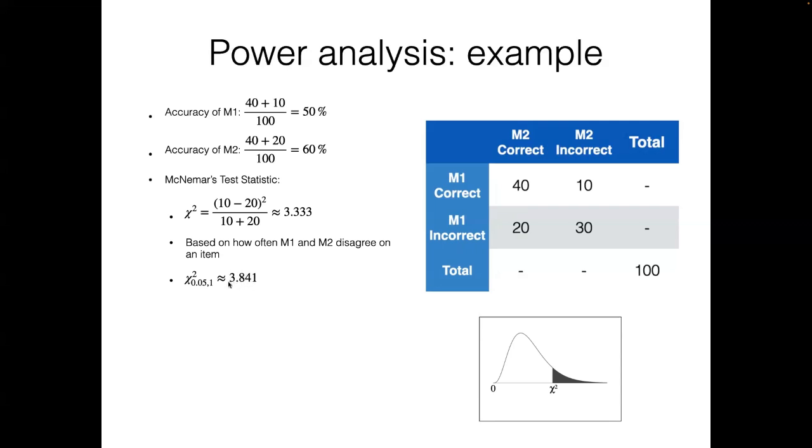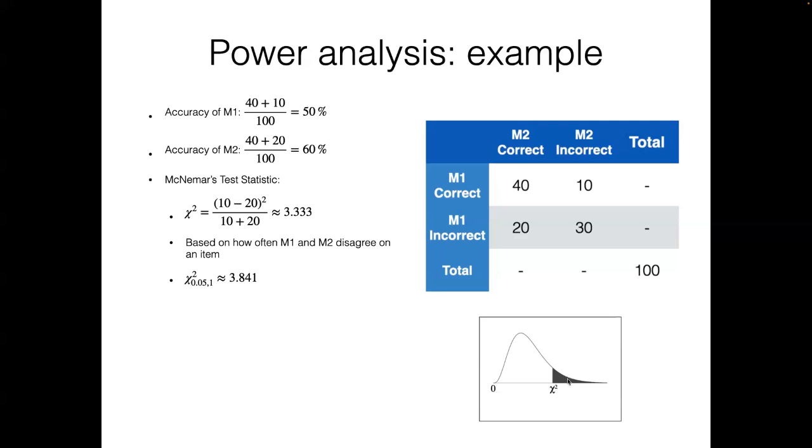This corresponds to some point on this density. If your statistic lies to the left here, then you wouldn't reject the hypothesis that there's no difference between the two methods.